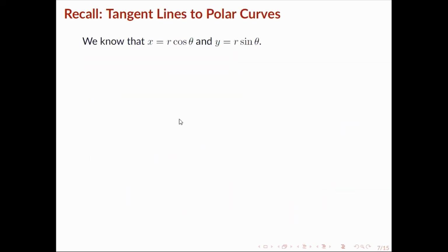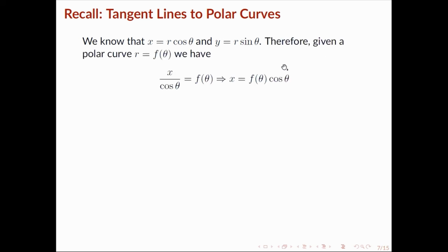Then, in terms of tangent lines to polar curves, we know that from the Cartesian equation, we have x equals r cosine theta and y equals r sine theta. Therefore, if you have a polar curve equation as a function of theta, that is r equals f of theta, we have x over cosine theta equals f of theta, which implies that x equals f of theta cosine theta.